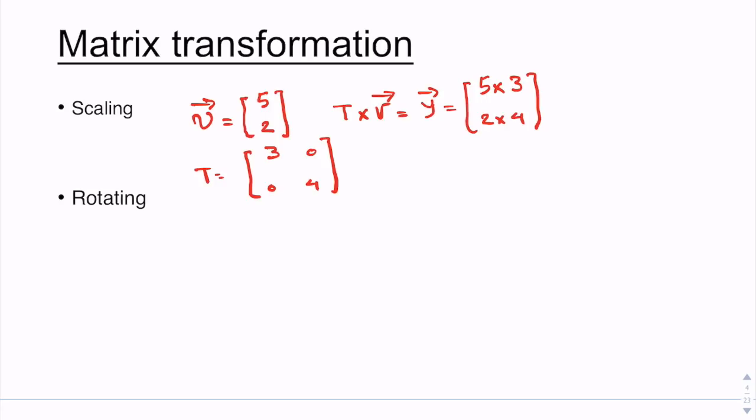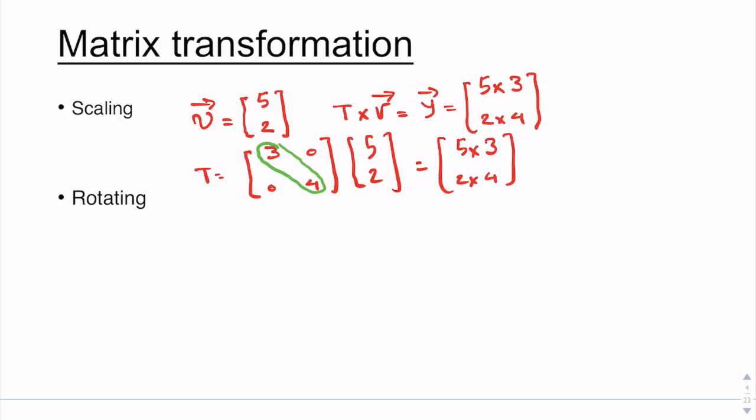So in here, if I multiply this one by 5 and 2, you see that would also be 5 times 3 and then 2 times 4. So we are only putting the scaling factors on the diagonal of the matrix.